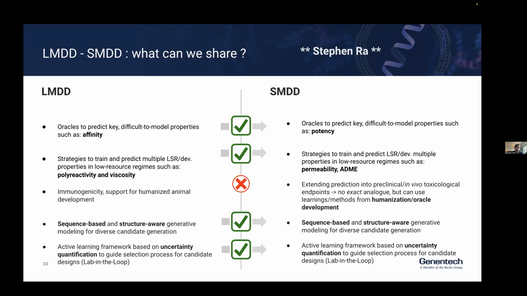We also have a great number of parallels in terms of the multiple properties that have to be thought through. So with LMDD, we do actually have a great number of properties. We don't really have to worry too much about how to synthesize our large molecules. We do have to worry about that quite a bit with small molecules. But again, there's been a lot of really wonderful recent progress on how to put that together and actually integrate synthesizability into a number of other considerations in small molecule drug discovery.